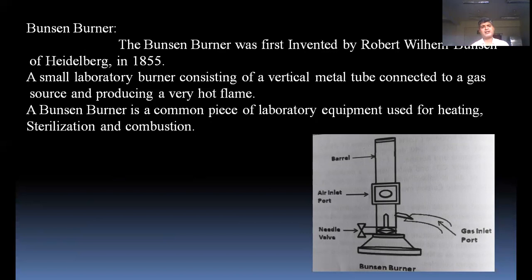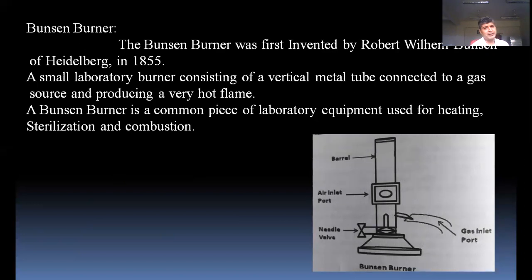It is a small laboratory burner consisting of a vertical metal tube connected to a gas source, and it produces a very hot flame. It is a common piece of laboratory equipment used for heating, sterilization and combustion.